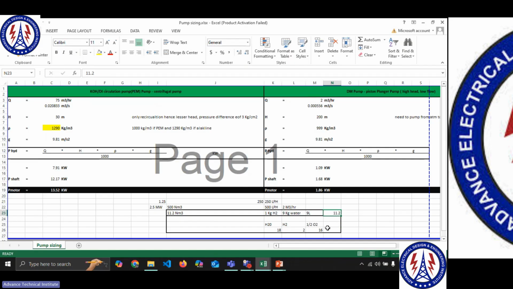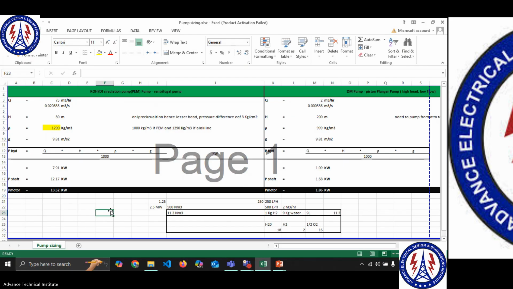But practically, 1 Nm cube requires 1 liter or 1 kg of water only. Because we are saying 11.2 Nm cube requires 9 kg of water, which will eventually produce 1 kg of hydrogen. Now you are saying 11.2 Nm cube consumes only 1 liter of water.